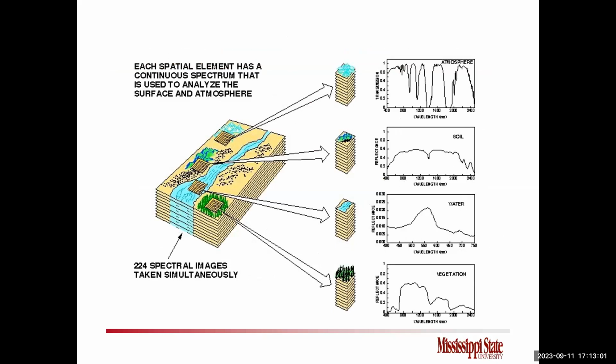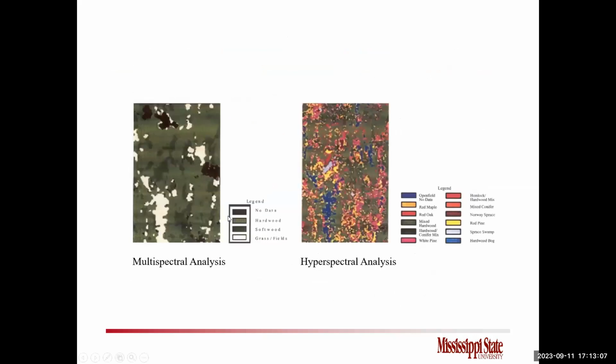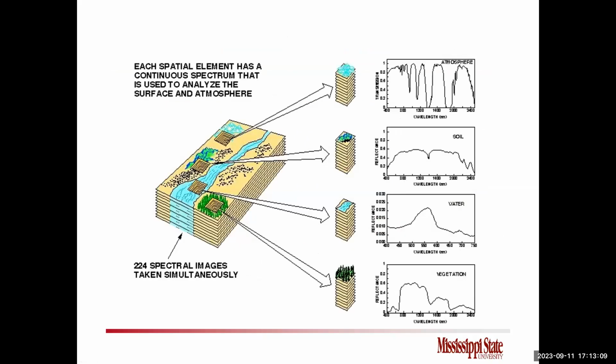This is just an illustration of the average data we're going to use today. You can see that different materials have different spectral signatures. Based on that, we can do a better, much finer classification.